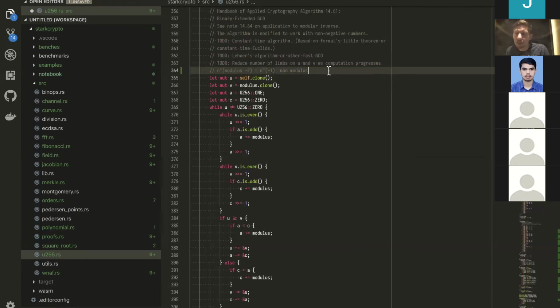So what you'll see happening, when you implement something and you don't care too much about inversion, is that you just use your multiplication, using square and multiply to exponentiate something to the modulus minus 2.